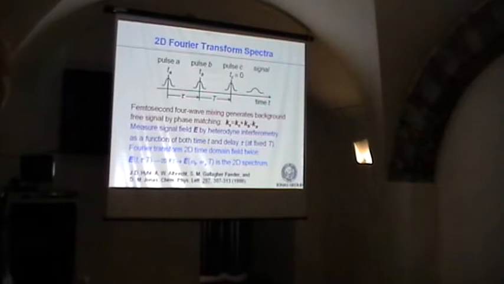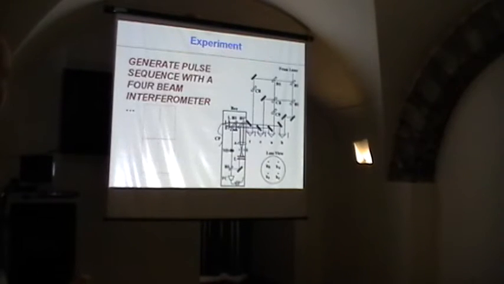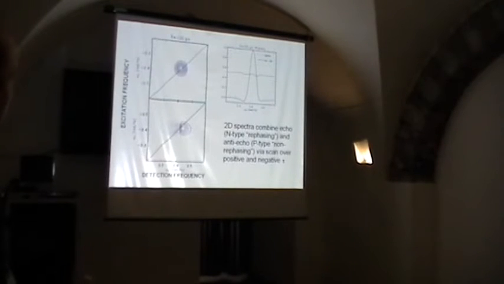And I can skip the 2D spectra stuff here, and I'll skip that part except to mention that we're using the combination of the echo and the anti-echo scanning over both positive and negative tau in these 2D spectra.